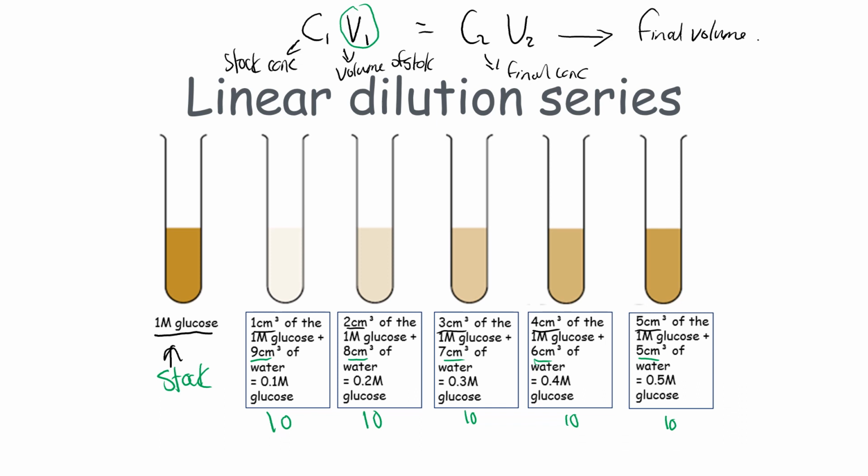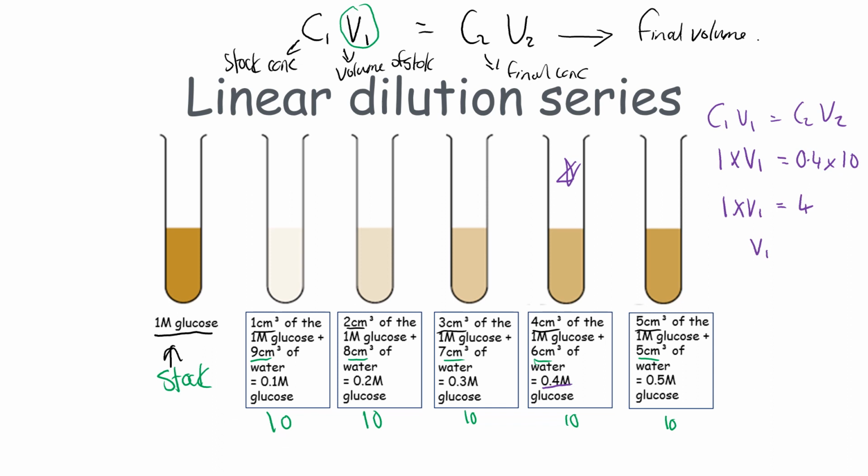So I'm going to take an example of this tube here. C1 V1 equals C2 V2. Our concentration is 1. So 1 multiplied by whatever volume we need is equal to, well, we're making a 0.4 and our volume here is 10. So 1 multiplied by V1 is going to be 4.